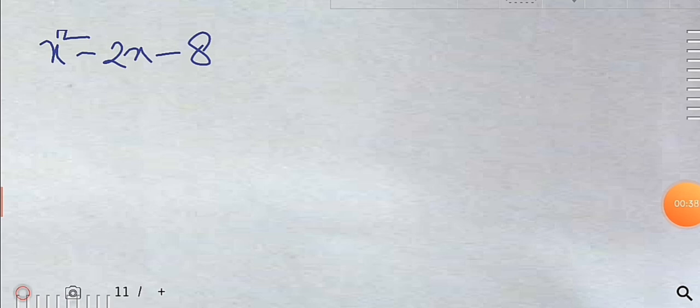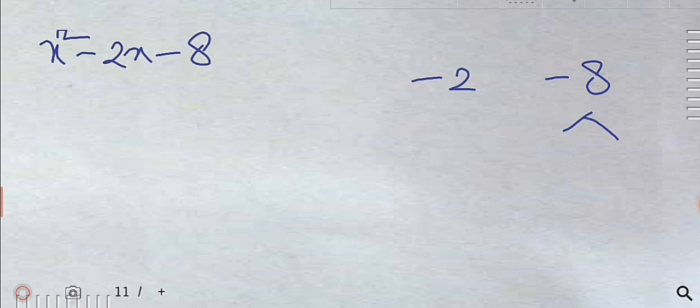This is the given problem, x square minus 2x minus 8. To find out the zeros of this quadratic polynomial, first we have to use the splitting middle term method. So the product should be minus 8 and the sum should be minus 2.